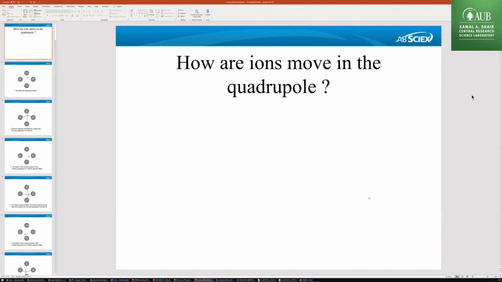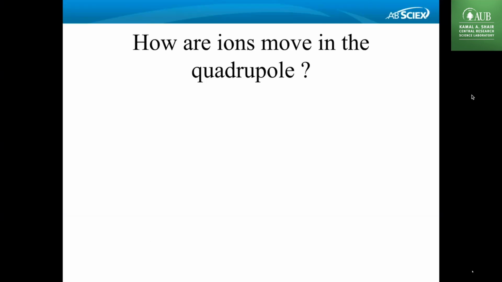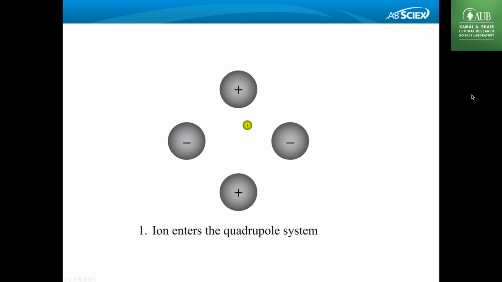So I'll share this. Now it's an animation, so I hope the internet is fast enough to transmit it to you. So here we're looking at the quadrupole rods on the axis. So the gray circles represent the cross section of the rods. So these are the 2 rods that are positive and these 2 are negative.